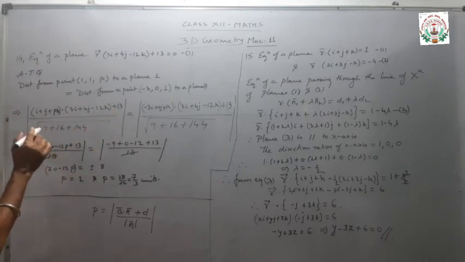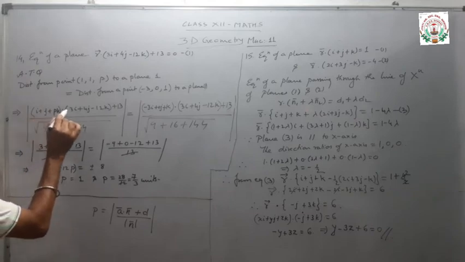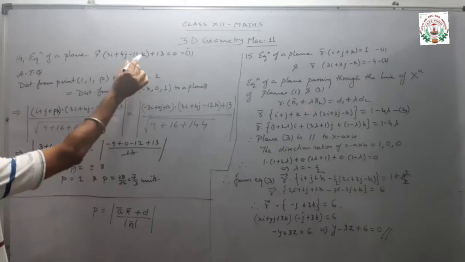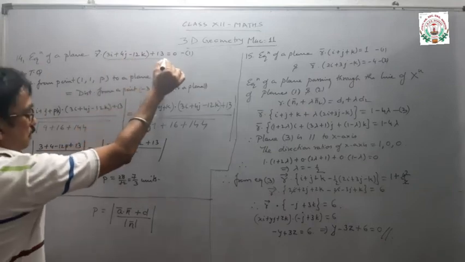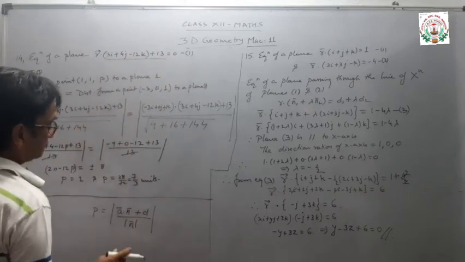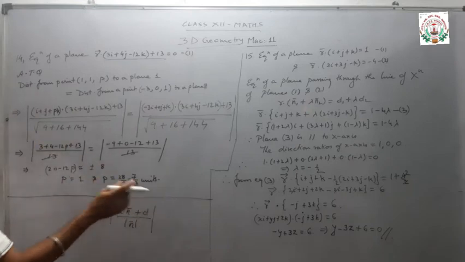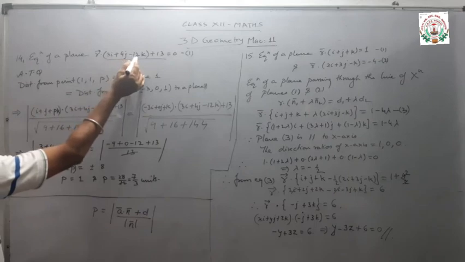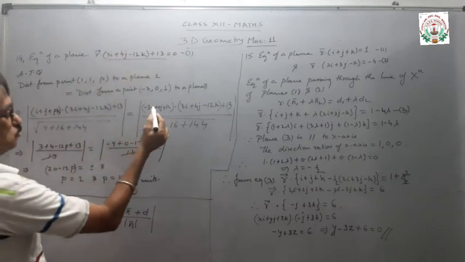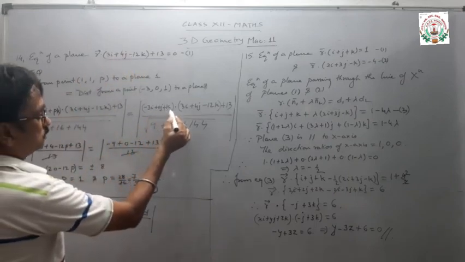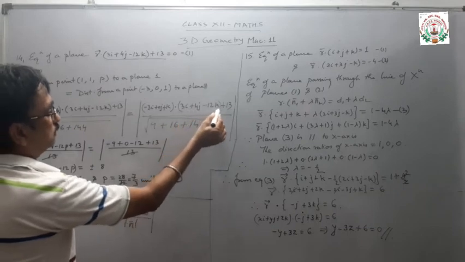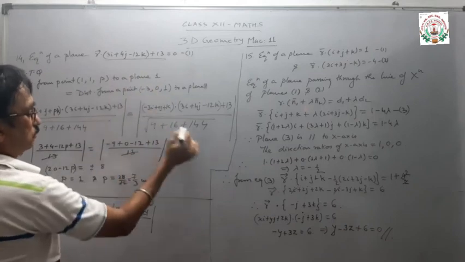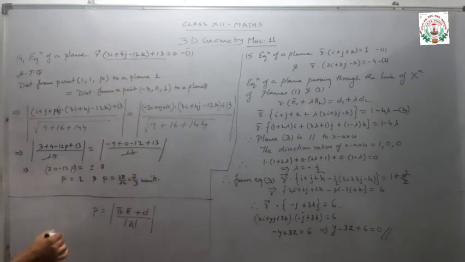So we write the vector i + j + pk dot (3i + 4j - 12k) plus 13, the complete plane equation, r dot n plus d, over root of 3 square, 4 square, 12 square. Here also -3i + 0j + k dot (3i + 4j - 12k) plus 13 over root of 3 square, 4 square, 12 square. This will cancel out.